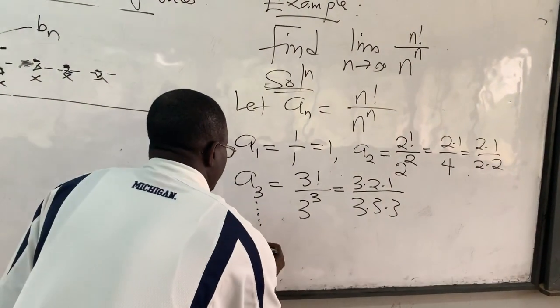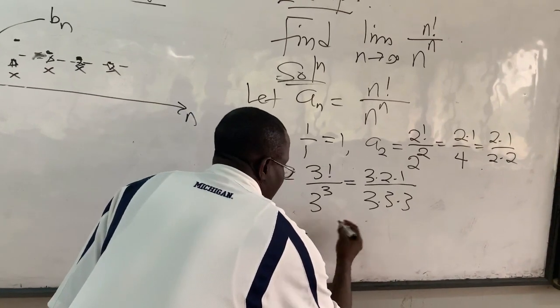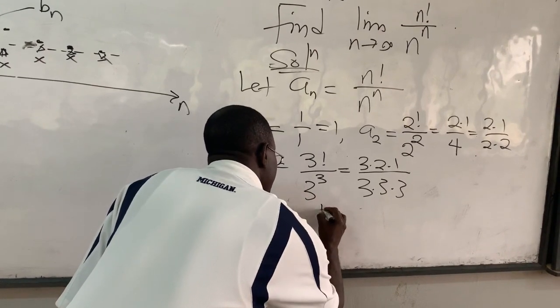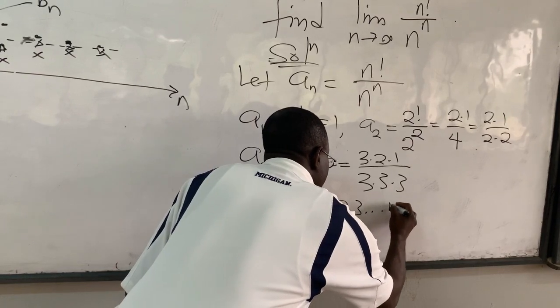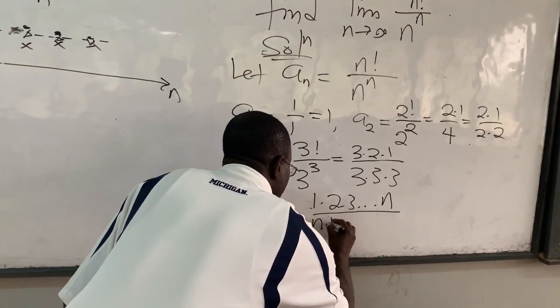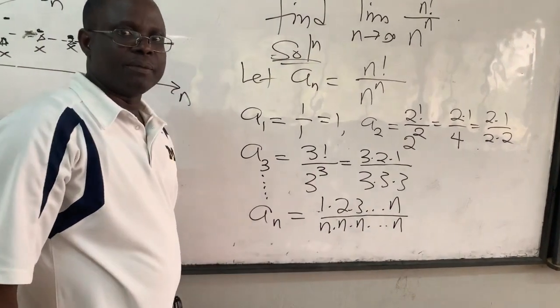And of course, an will be n factorial, which I can rewrite this way as 1 times 2 times 3 up to n. N to the n will be n times n times n, n factors, n of them.